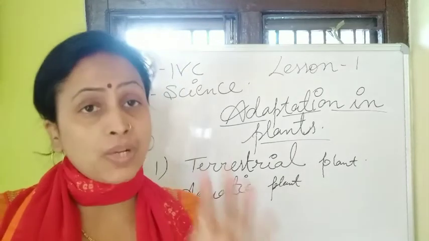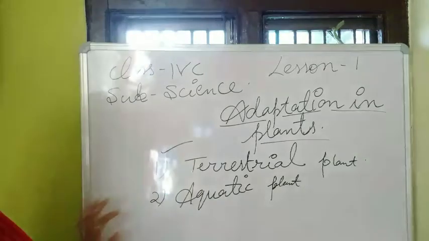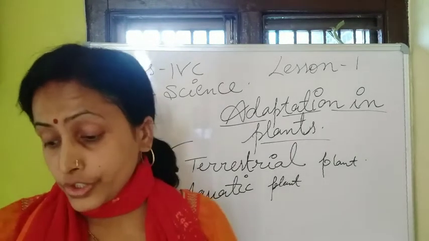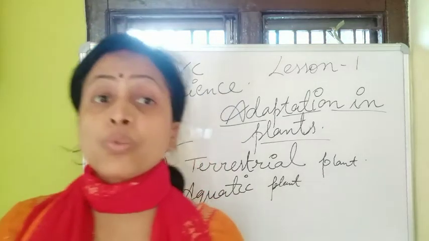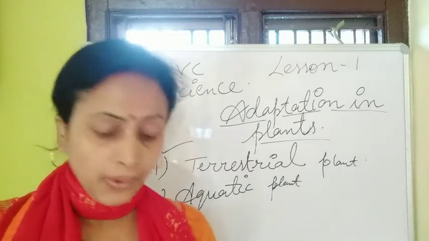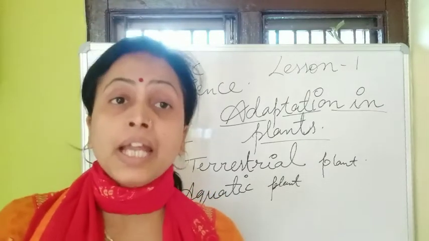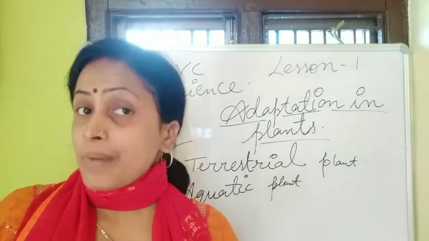Once again, what do you mean by a terrestrial plant? A terrestrial plant is one that grows on land. The land has different features like mountain, desert, plain, coasts and marshes.